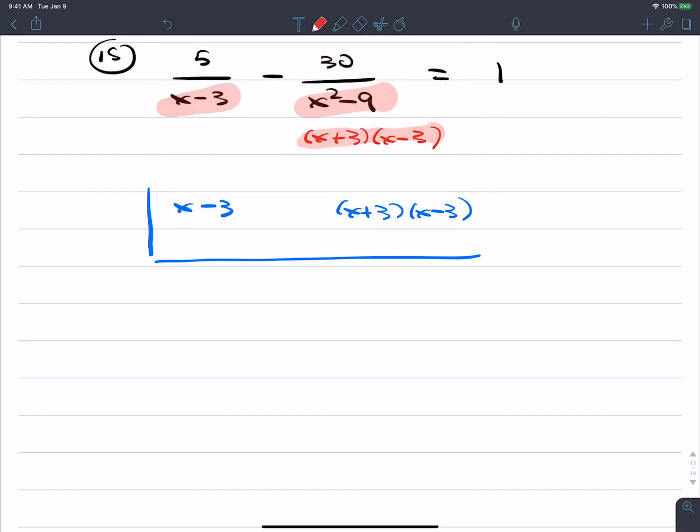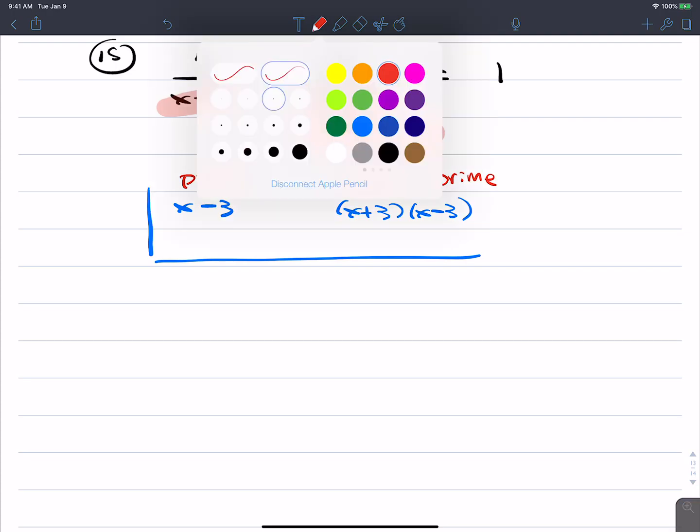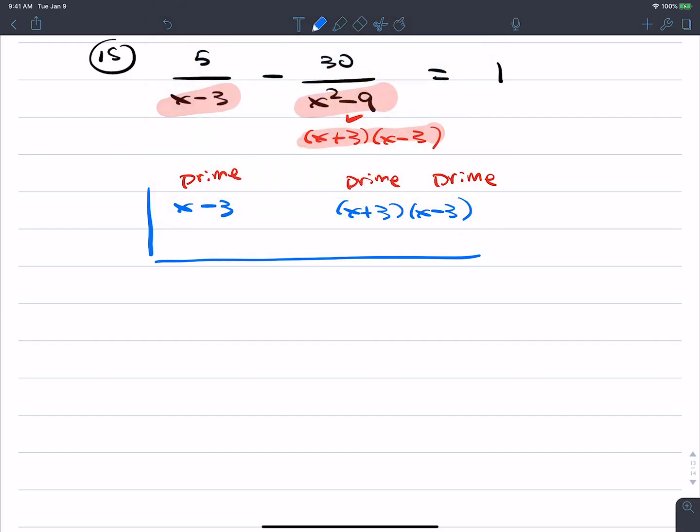This is prime. This is not factorable. And this here is factorable. We factored it, but each one of these terms here are prime, right? Prime and what else? Prime. So give me a prime that divides at least 2 of those. What is it going to be? X minus 3. Is that right?